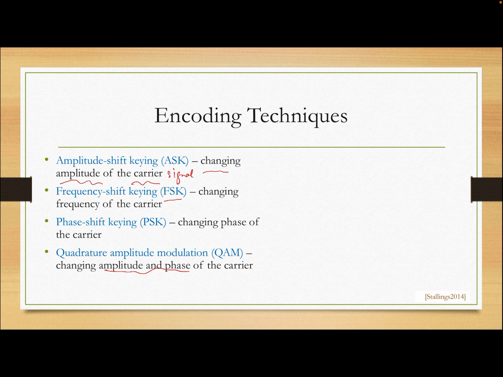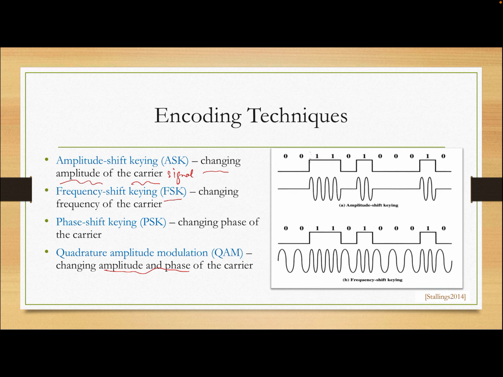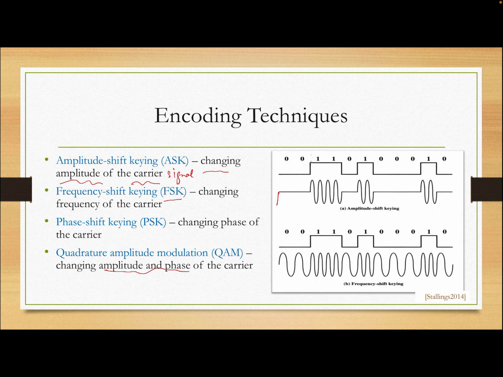Now let's look at examples for ASK. The first one is like line coding that we have seen before. You have constant amplitude: 1 is maybe 5 volts, 0 is 0 volt. But in the ASK that we want to transmit, we modulate it to the appropriate frequency.